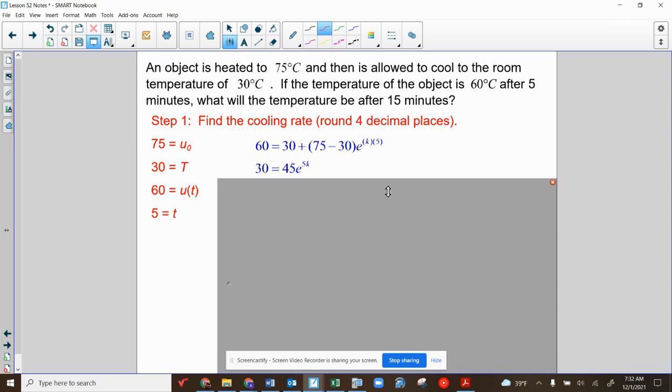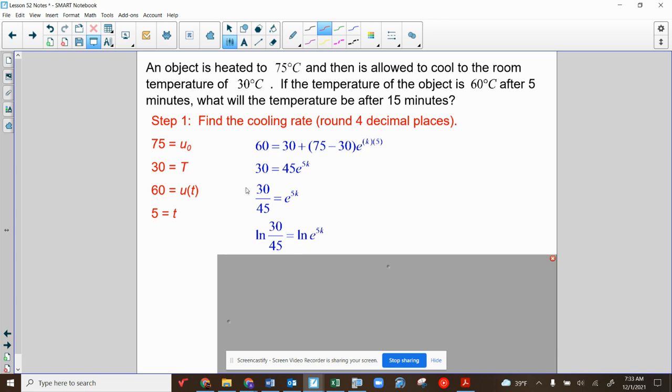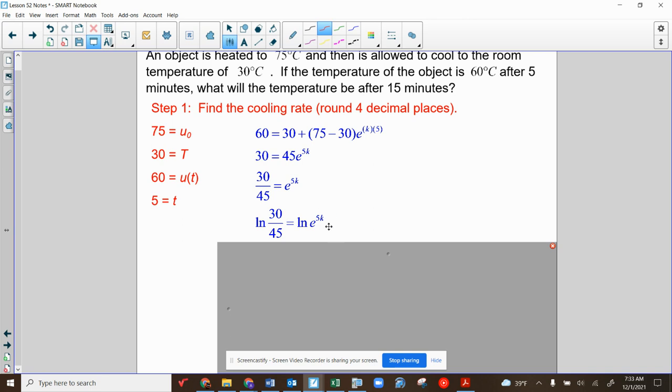All right, so I subtracted the 30, and I subtracted these two numbers here together. So I got 30 after I subtract 30 over there. 60 minus 30 is 30. 75 minus 30 is 45. Then I would divide both sides by 45. Then, just like we were doing before, logarithm, and I'm going to use ln here because we have e, which then allows me to take this piece right here and move it to the front.